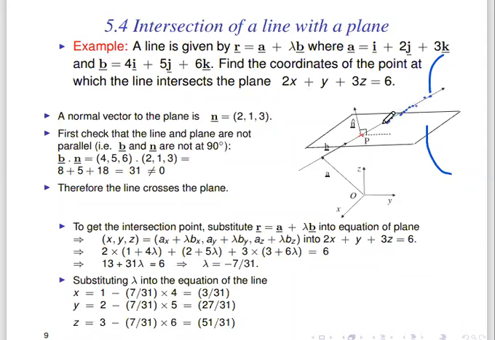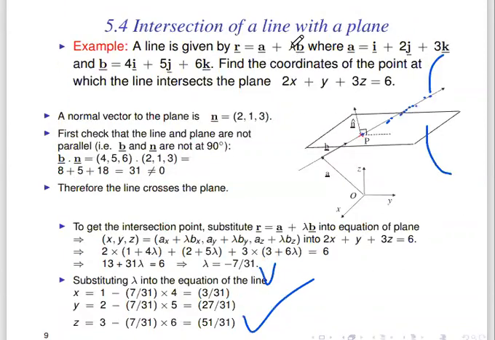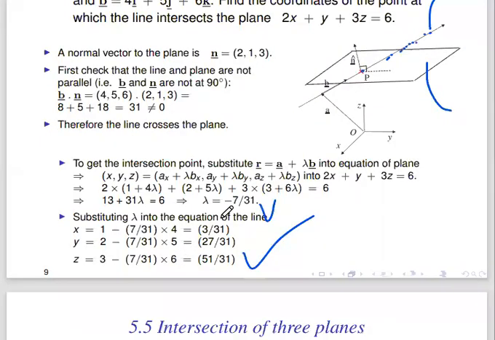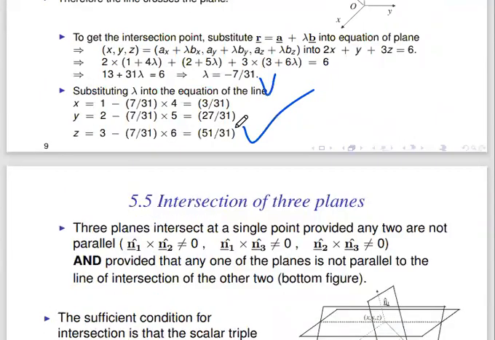You have to find the point that lies on the plane, because that point satisfies the equation of the plane. That's all. You get the correct lambda, put it into the equation of the line, and you get the x, y, z coordinates. Pretty simple.